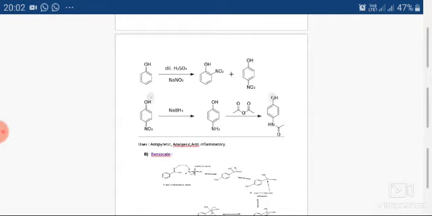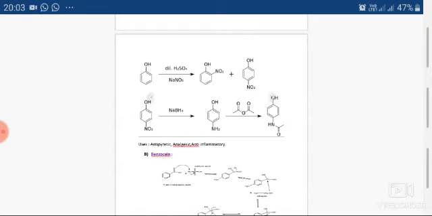Now there is one problem. The problem is that the reaction is giving the mixture of ortho and para isomers, and we want just para isomer.